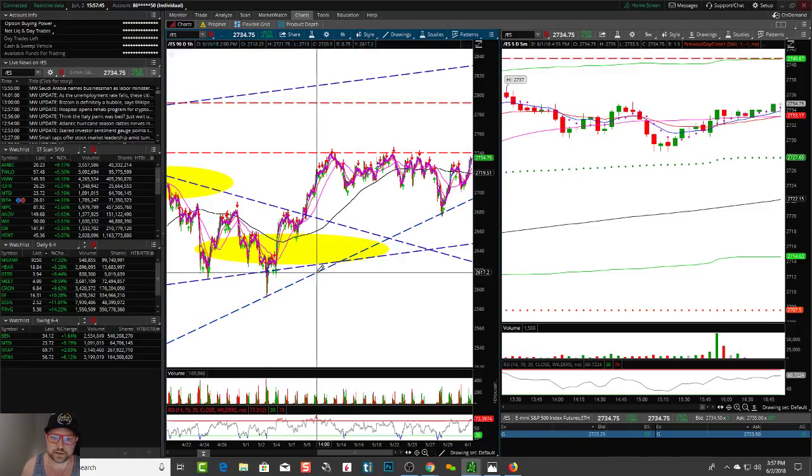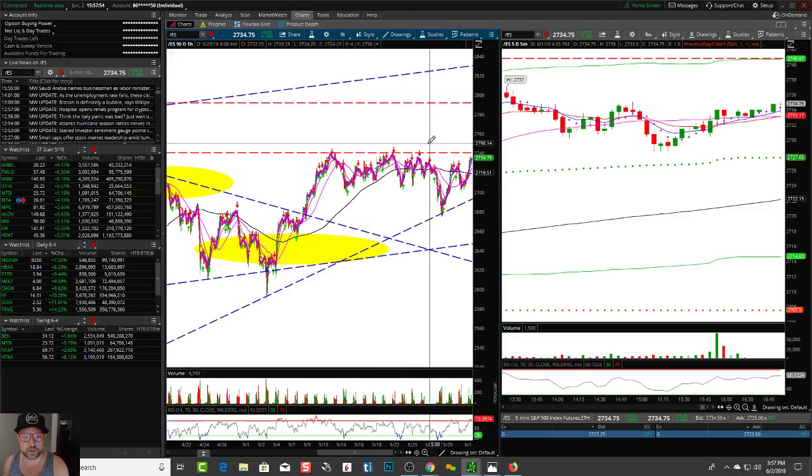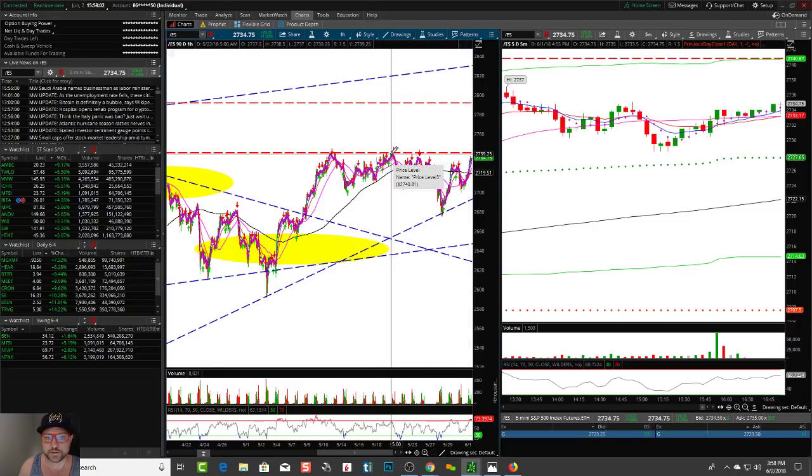And if you look right here, now you see multiple tests of this area. It hasn't broken above it yet, but higher lows are being formed. This may be forming an ascending triangle.